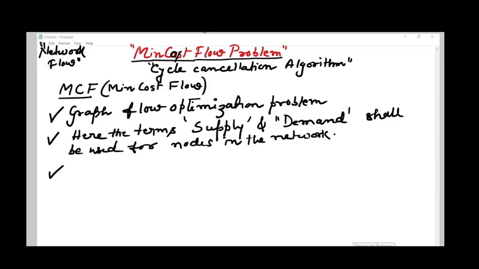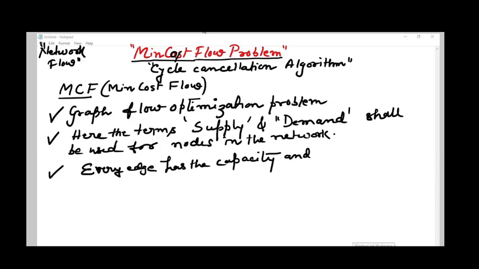Third thing is, every edge has a capacity and cost of shipping flow along the edges.